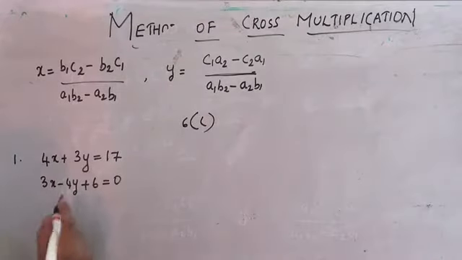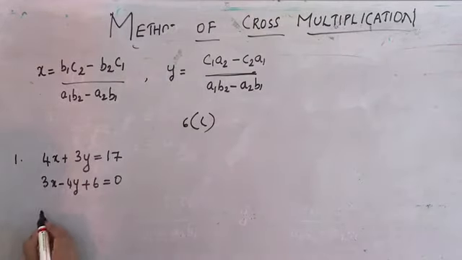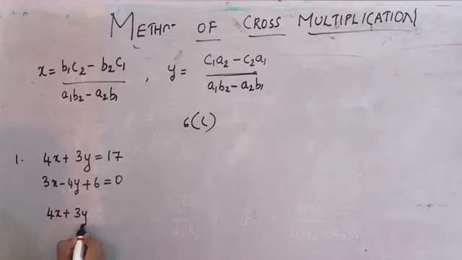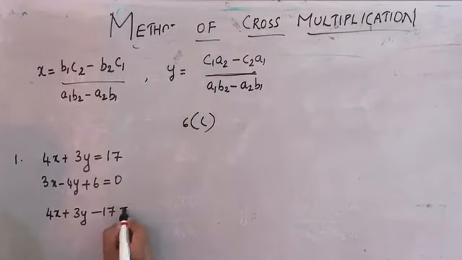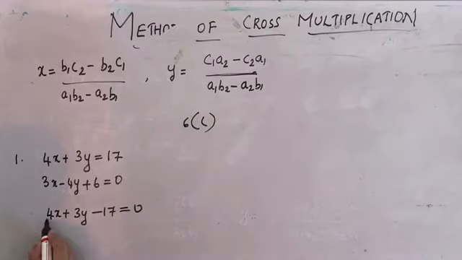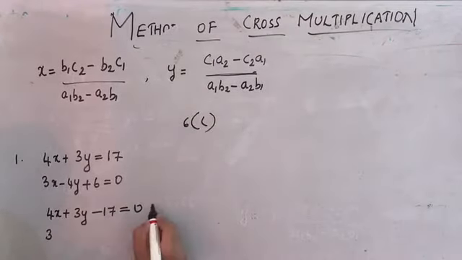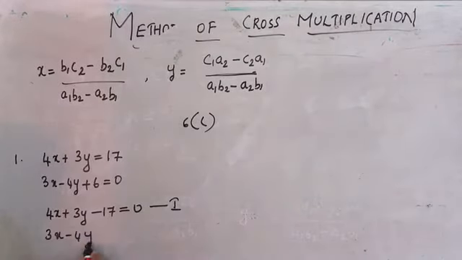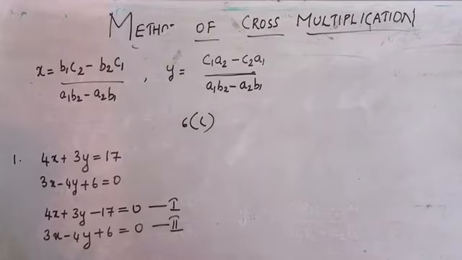Let us put the first equation into the standard form, that is 4x plus 3y minus 17 equals 0, and the second one remains the same. So this remains as your first equation, and 3x minus 4y plus 6 equals 0 is your second equation.